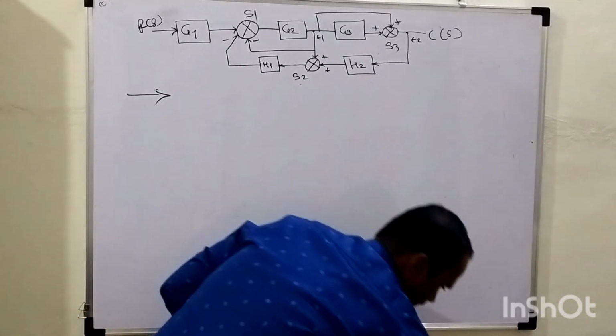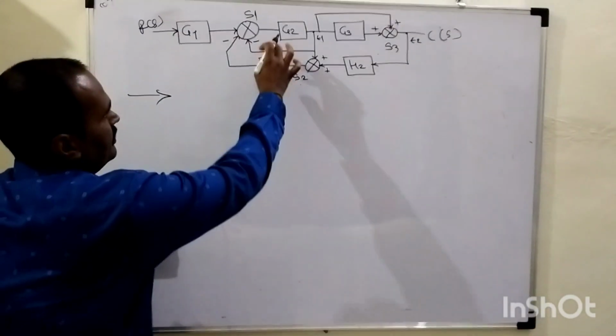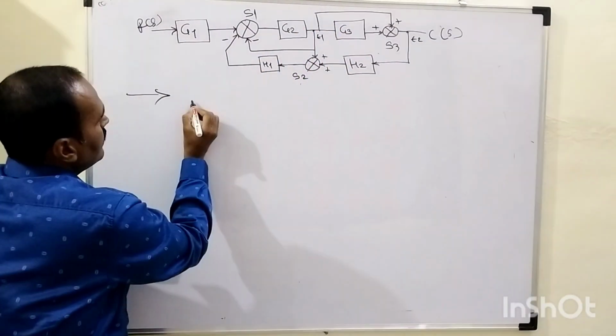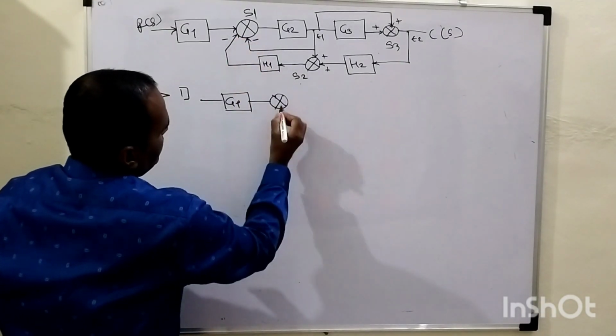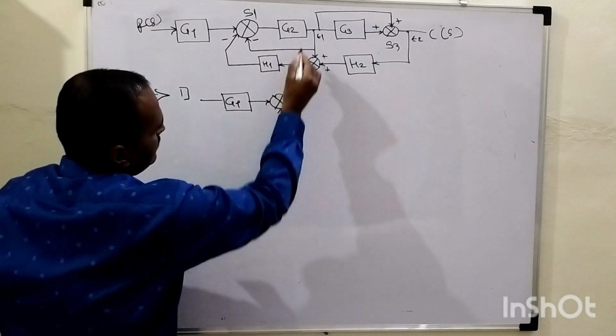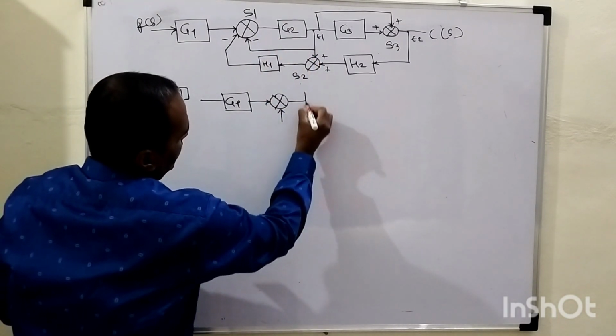So the first step becomes: this feedback is eliminated, as well as these two signals are added with each other. Remaining things as it is. This G1, this summing point will retain its position. Only thing is these two signals are split, because this lower signal is the innermost feedback, which is to be eliminated now.